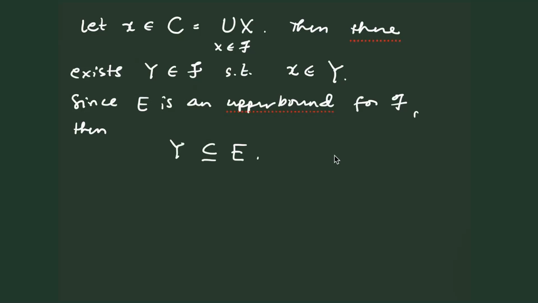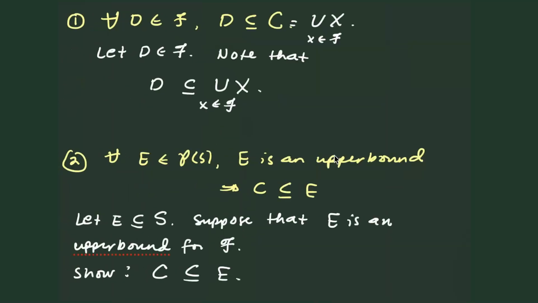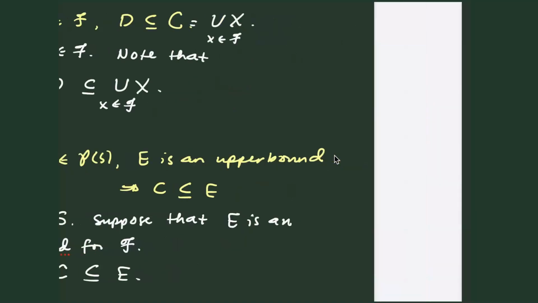We started with X is an element of C, and then we have shown that X is in Y, and Y is a subset of E. So therefore, X must be in E. We started with X in C, and then X is in E. So our final conclusion is that C is a subset of E. So we have proved these two conditions, which now means that C is our supremum.